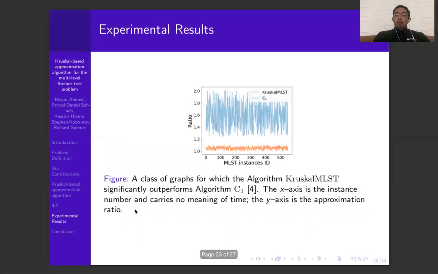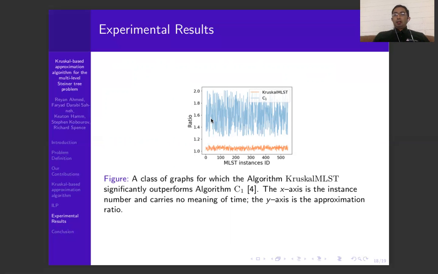More than that, we provide a class of graphs for which the algorithm Kruskal-MLST significantly outperforms the other algorithm C1. Here we can see that the experimental approximation ratio of the Kruskal-MLST algorithm is close to 1, which means that the solution it provided most of the time is almost equal to the exact solution.